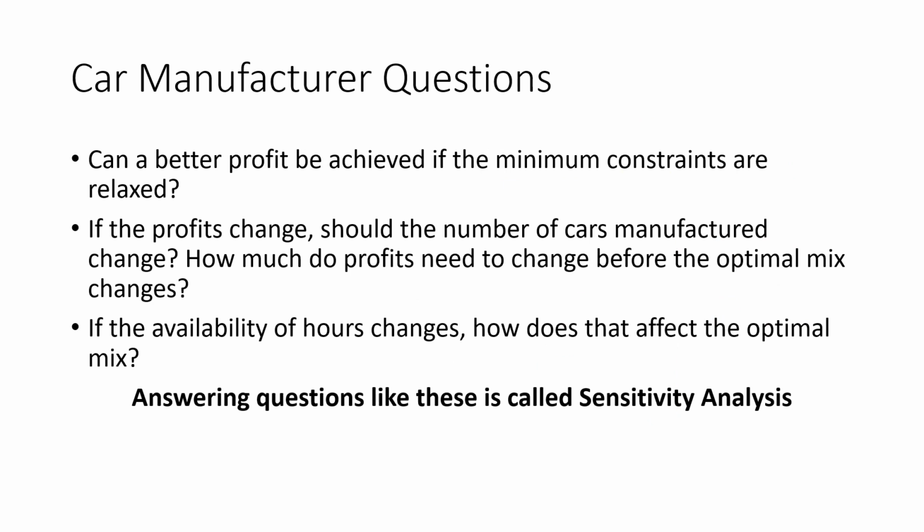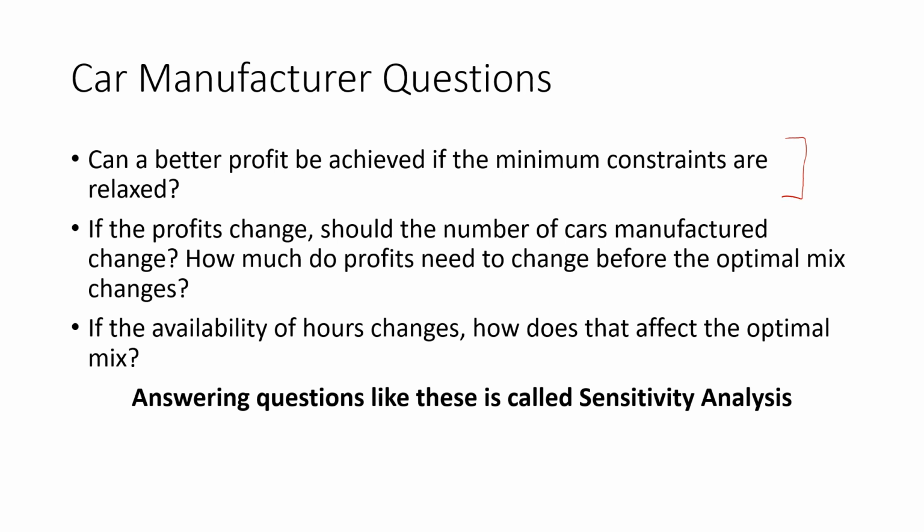Let's think about a couple of other things. These are the types of questions that you often have to answer once you've solved something out. So, can a better profit be achieved if the minimum constraints are relaxed? In other words, once you solve this out, there will be questions that come out of it saying, okay, what if I change my constraints?